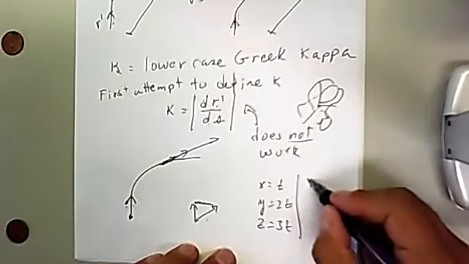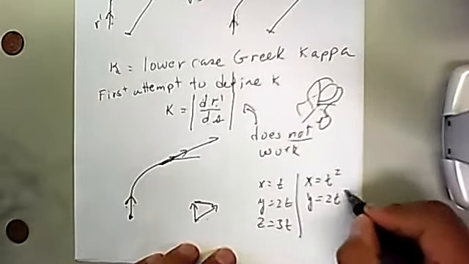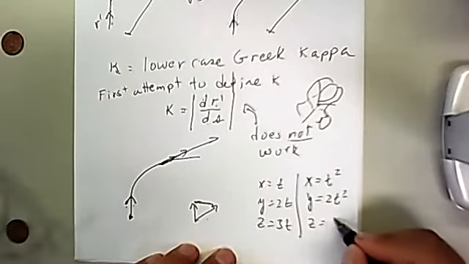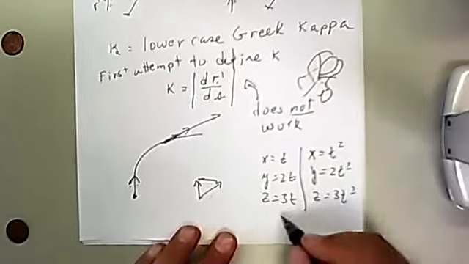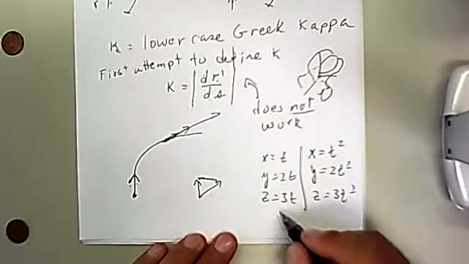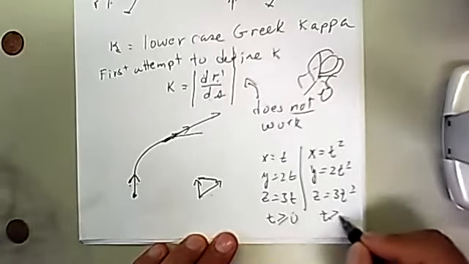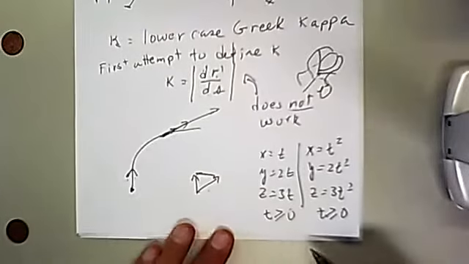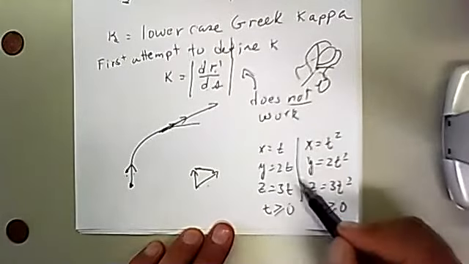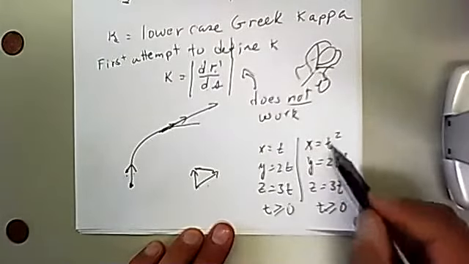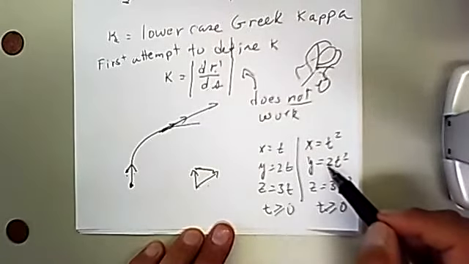If we use instead x equals t squared, y equals 2t squared, z equals 3t squared, let's say t is greater than or equal to 0 in both cases. In those cases, those two are going to give us the same graph. It is going to be a straight line in both cases, a ray actually.